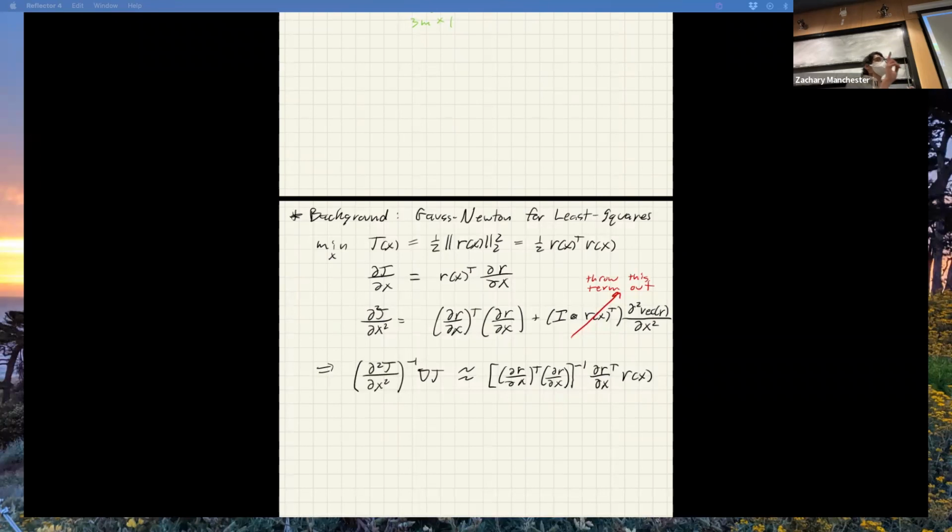So you've got two different vectors floating around. You have this residual vector, which is say size m, and it's a function of some parameters x, which are a different size in general, right? So let's use different letters. Let's say that R is dimension P and X is dimension Q. So now partial J partial X is going to be a row vector of dimension Q. It's the X dimension wide, right?